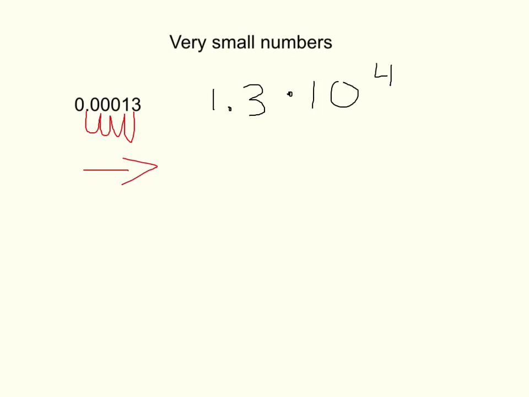Because of that, our exponent isn't 4, it's -4. So our rule is a movement right would make the exponent negative. In your next lesson, you will learn why these are equivalent. For right now, let's practice converting numbers that are very small into scientific notation.